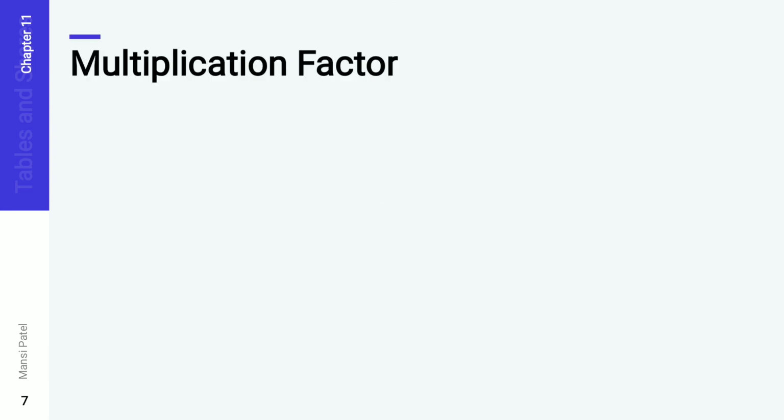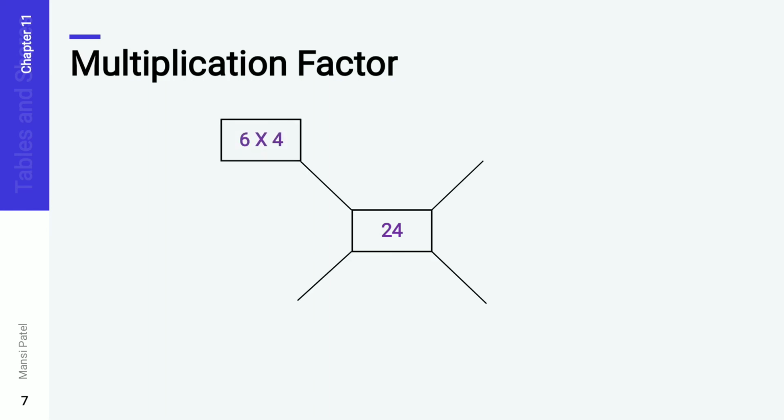Let us see the next one. Here I am giving number 24 to you and you have to give me the tables in which number 24 is coming. So first we can say that 6 4s are 24. Yes. Then the reverse of it, that is 4 6s are 24.